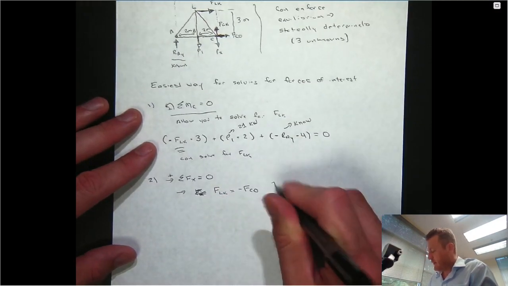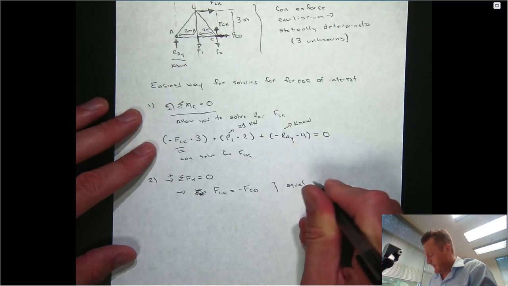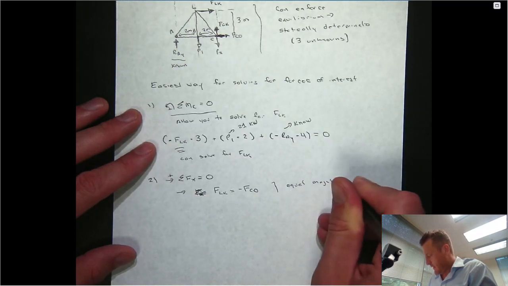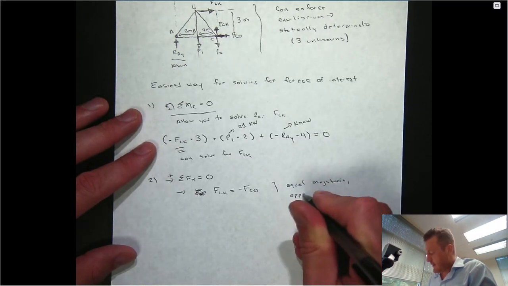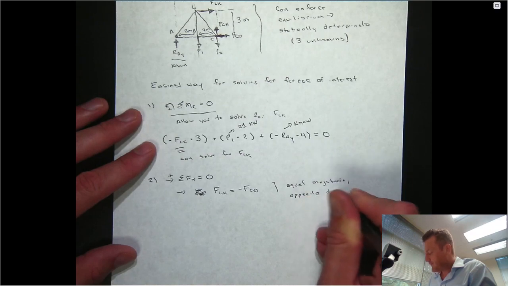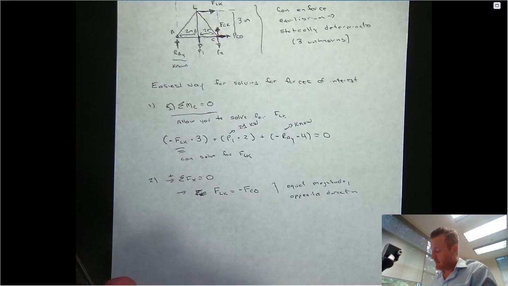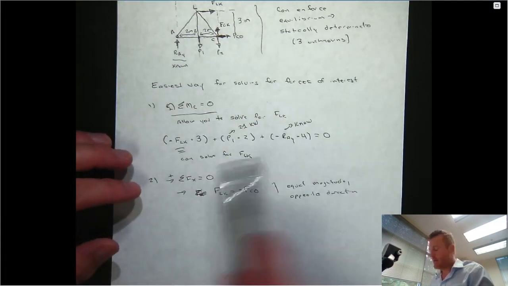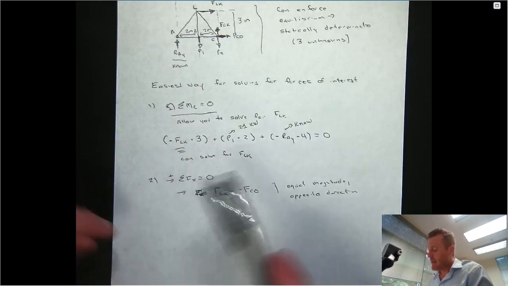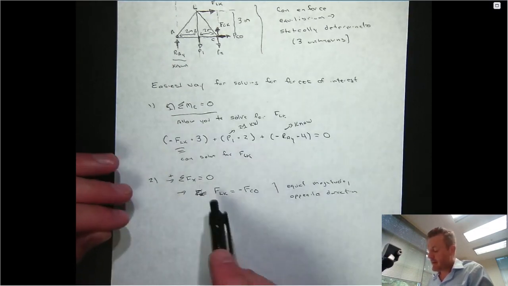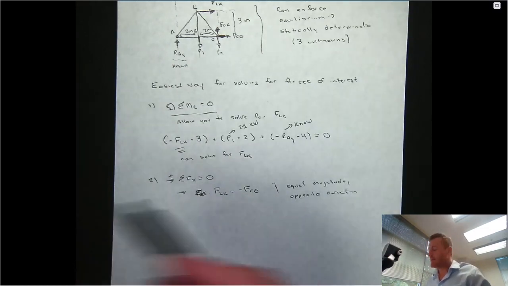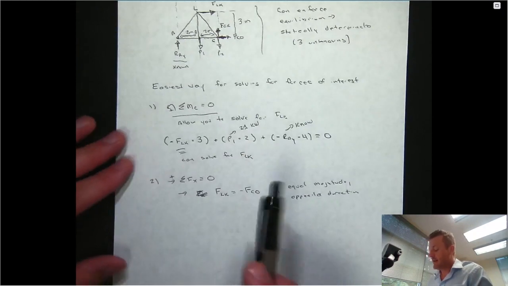So these are going to have equal magnitude, but opposite direction. So if you think about it from a sign point of view, if in solving this, FLK turns out to be positive, which it's hard to say without having these numbers whether or not it will, that would mean that FLK is in tension, which means that FCD has the same internal force in it, but it is in compression instead.